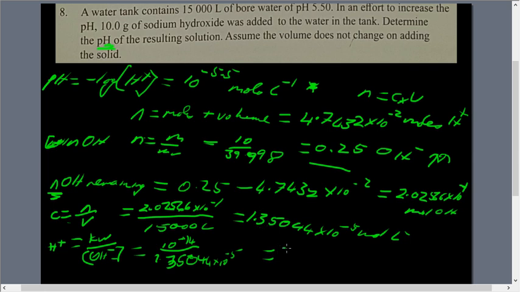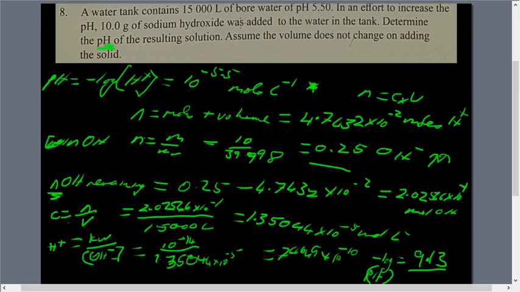It looked like 7.4049 times 10 to the minus, sorry, no, I've got that wrong. No, I have got that right. 10 to the minus 10. And the negative log of that is equal to 9.13 if you work it out. And that is our pH, i.e. our pH equals that.